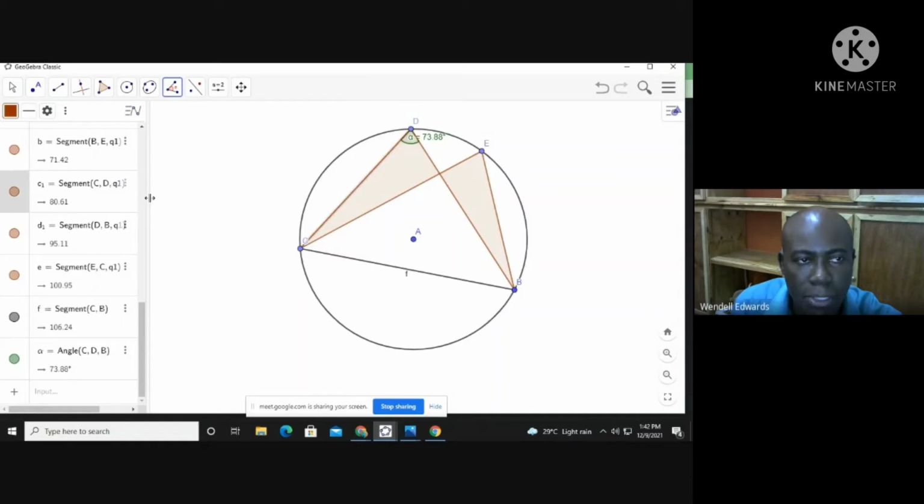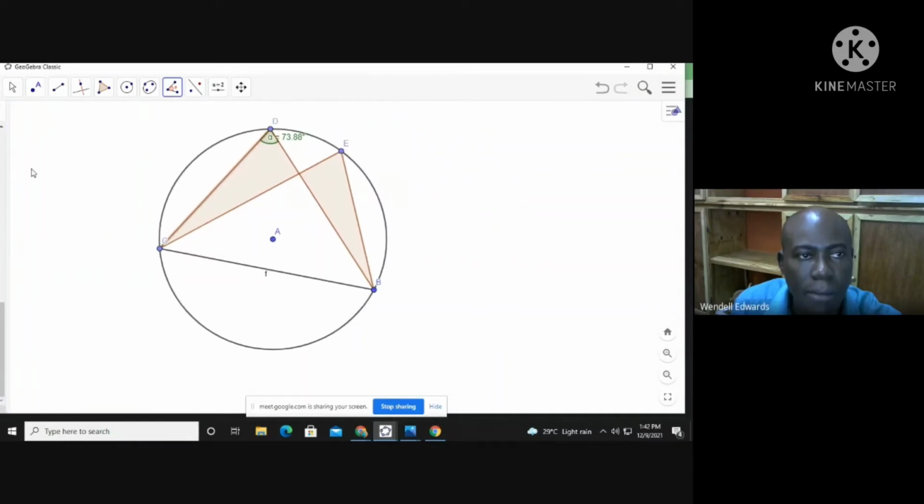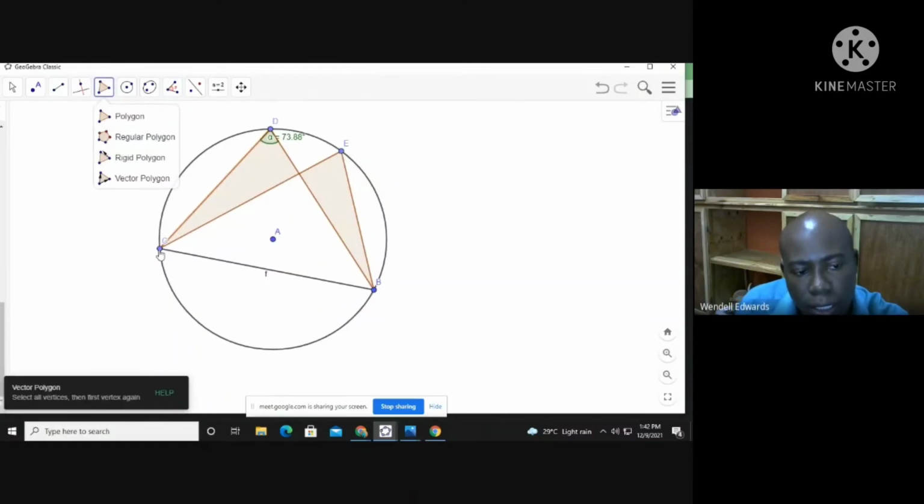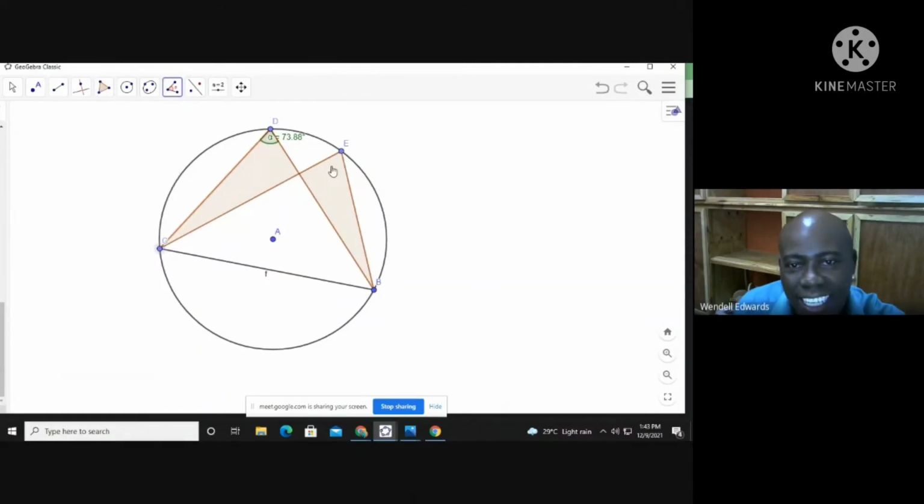Let me pull this across. And let me mark another angle here, which is CED, 73.88. So this is the theorem. We're saying that angles in the same segment will be equal.